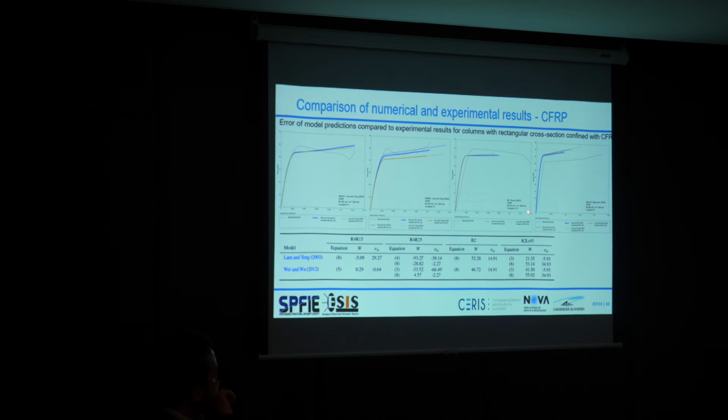You can see that in this one over here, no model can predict the response. The models that could predict the stress are not able to predict the strain. That happens here as well, not following totally the behavior of the experimental test, but with similar stress and strain values.